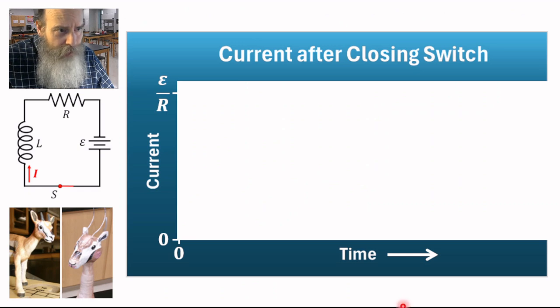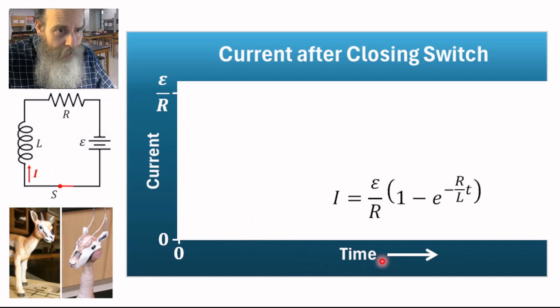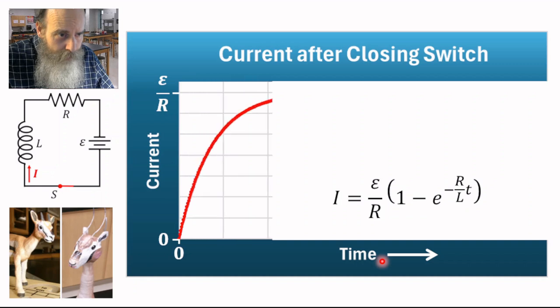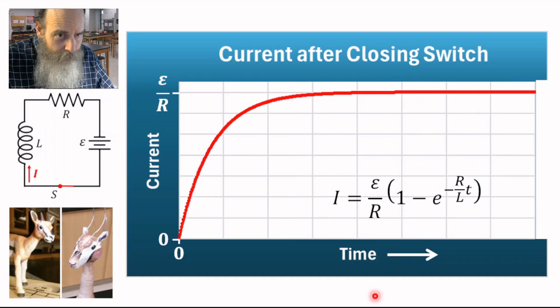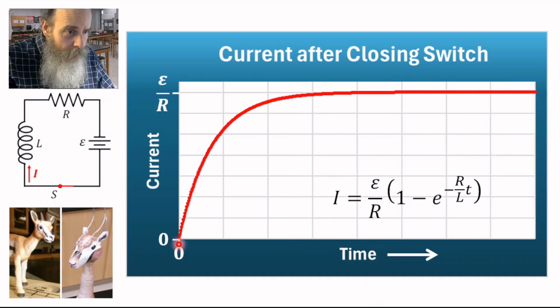Let's plot the current versus the time. So here we have the current on the vertical axis and time on the horizontal axis. Here's what we get. As you can see, the current starts at 0 and then reaches a maximum value equal to E over R after a long time.